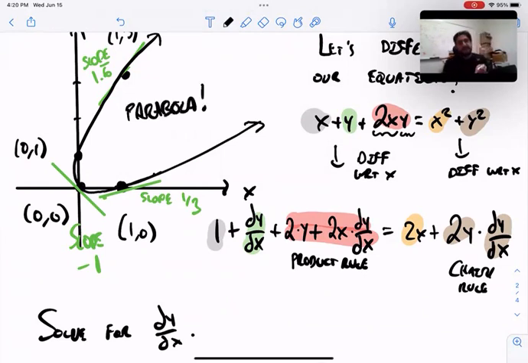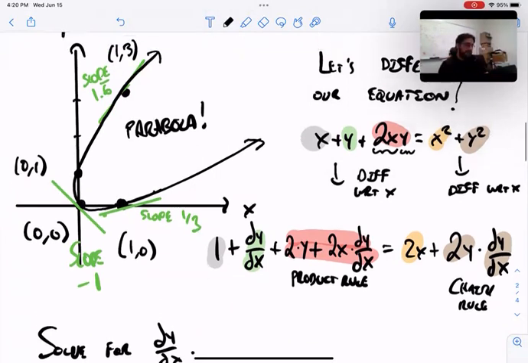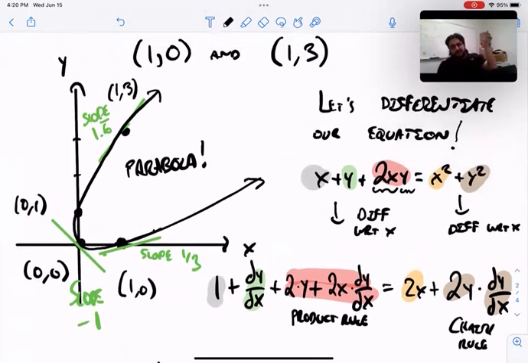And if you study rotation matrices, say in a linear algebra course, that's a great way that you could prove it. I haven't formally proven this is a parabola, but you can kind of see it, right? Once you have those tangent lines, plotting a few points and then doing those tangent lines, you can see the parabola. You can prove it more formally with rotation matrices, but this lets us get the shape at least, using calculus.